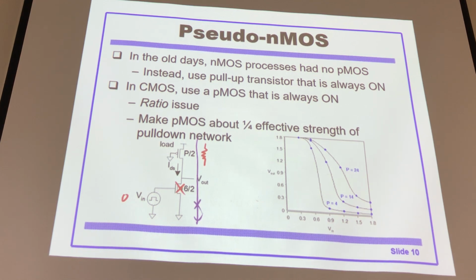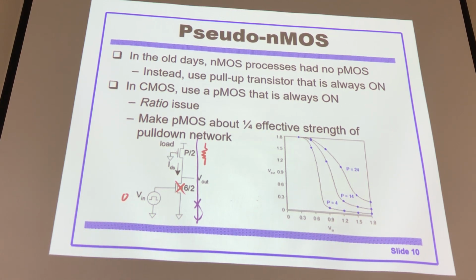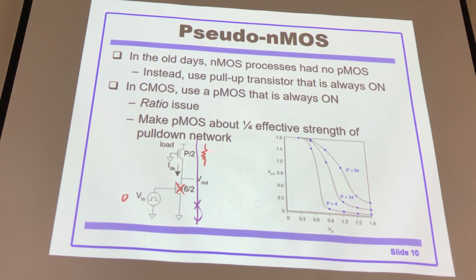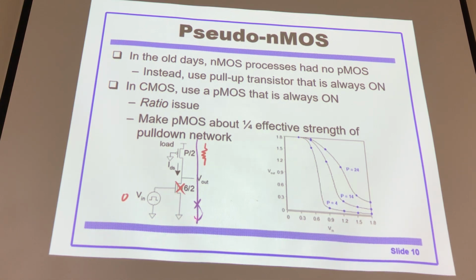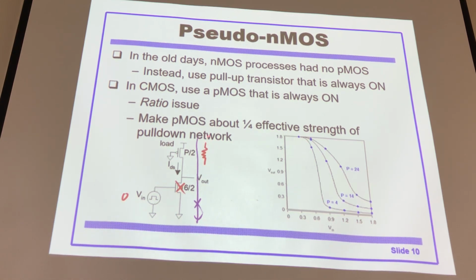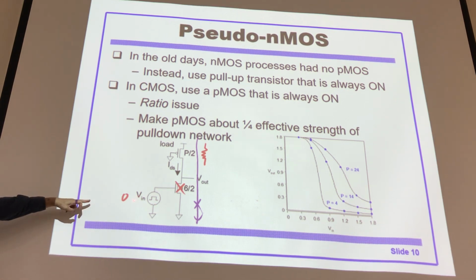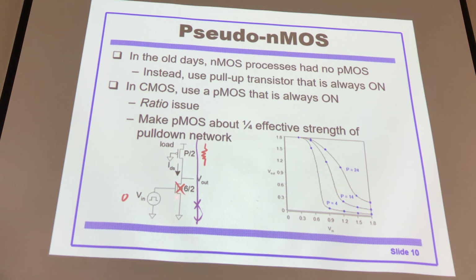When there's almost no current, the voltage drop is going to be nearly zero, right?